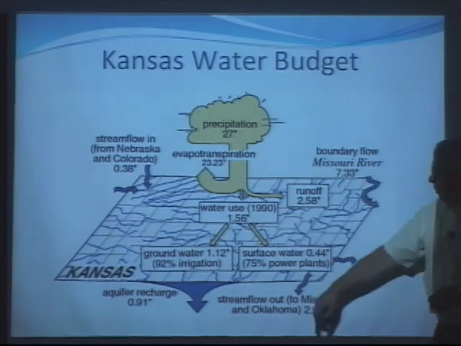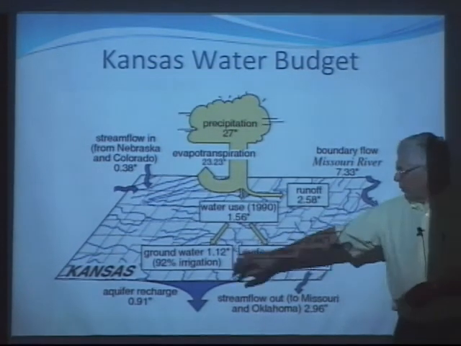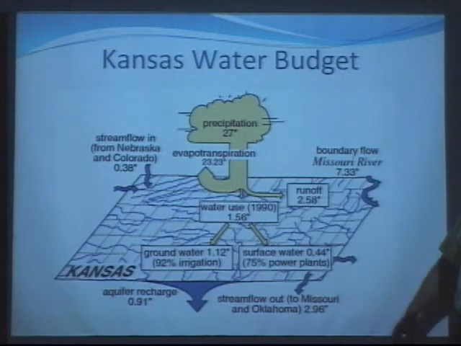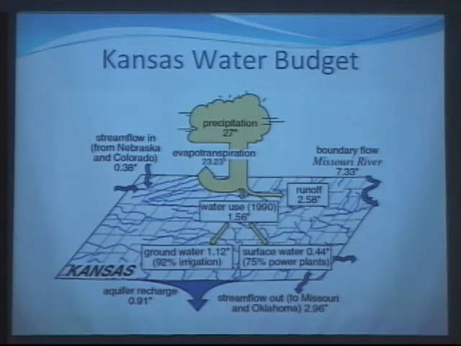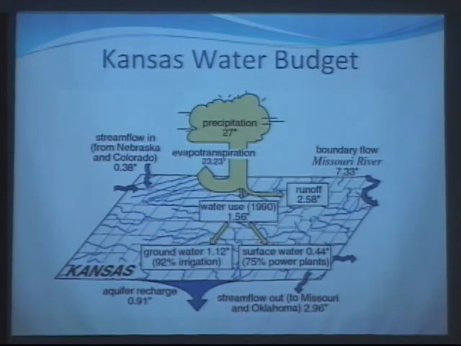Of this 1.56 inches, the bigger piece comes from groundwater. Over an inch comes from groundwater. Only 0.44 comes from the streams or reservoirs of surface water. That's all of the water where you take it out from a reservoir, from a stream, or by a well and it's used.